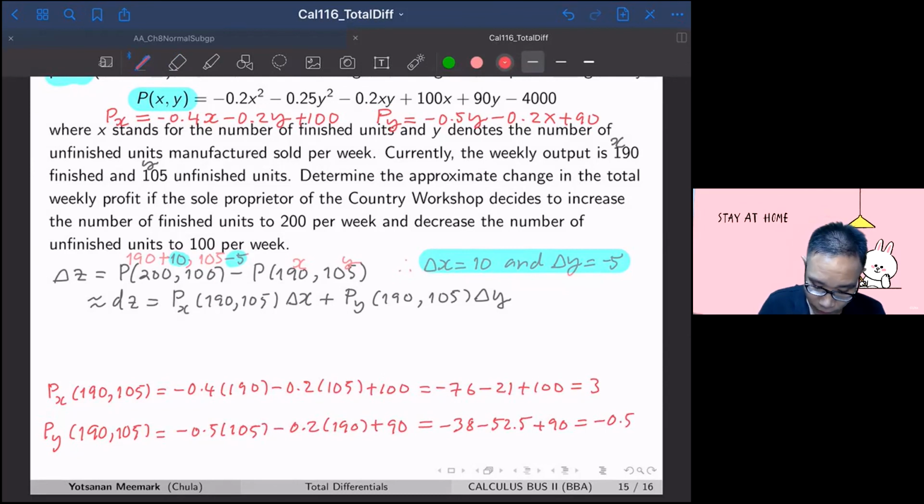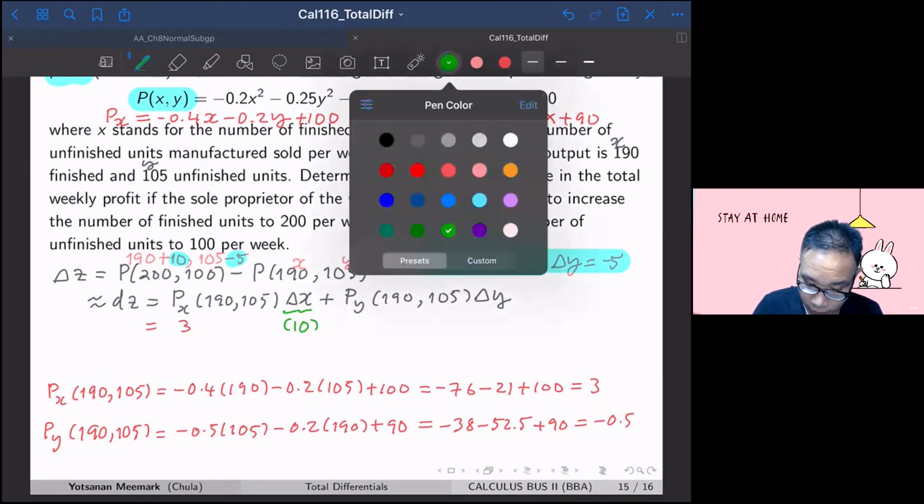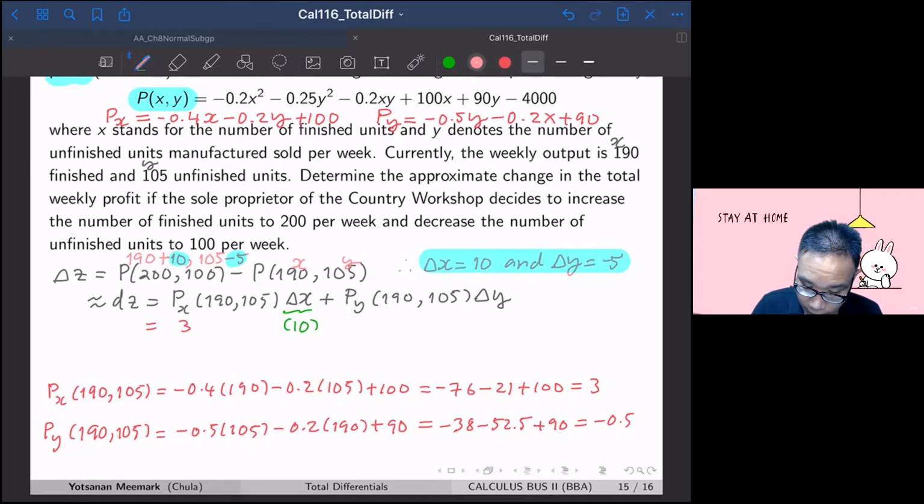Okay, so in this case, you would get 3, and delta x will be 10. And you have this one, which is negative 0.5, and delta y will be negative 5.